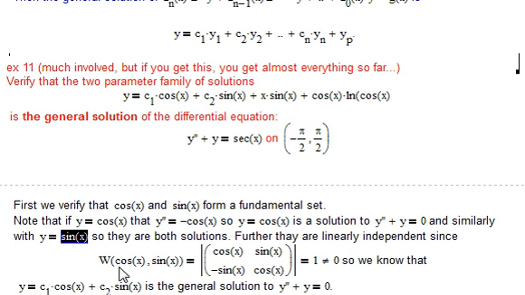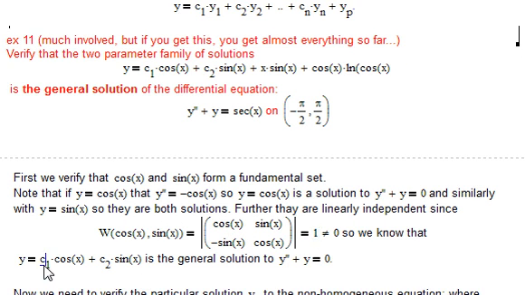And they do form a fundamental set, because the Wronskian of cosine of x and sine of x turns out to be cosine squared of x plus sine squared of x, which equals 1. So now we know this linear combination of sine and cosine of x is the general solution to the homogeneous equation. That's the easy part.